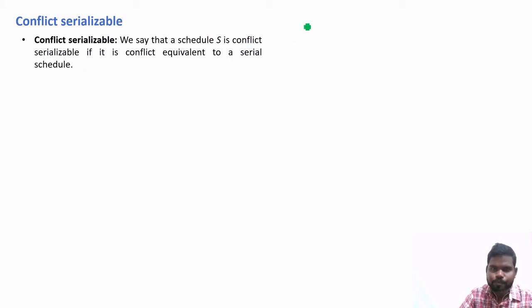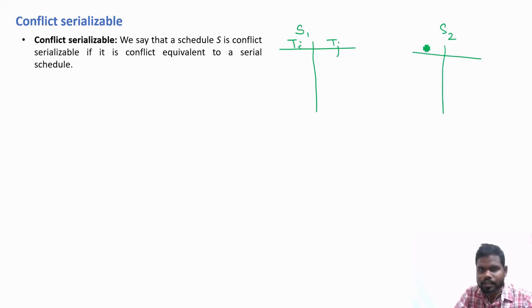Let's suppose we have a schedule S1 and a schedule S2. Here we have transactions Ti and Tj, and let's suppose they are the instructions.